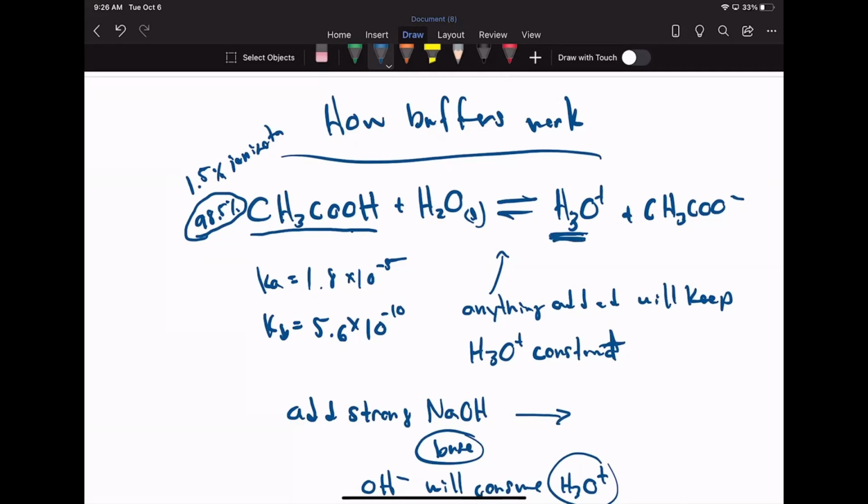If this base consumes that hydronium, the only way for this buffer to keep the pH is to produce more hydronium, and it does that by ionizing more of the acetic acid.